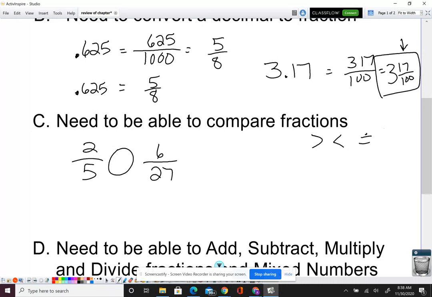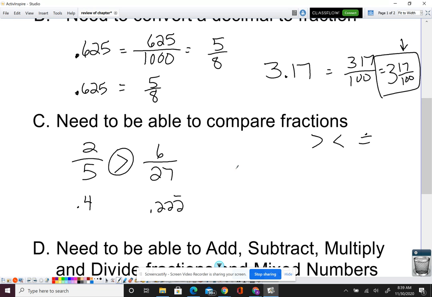You can either convert them both to the same denominator, or you can convert them to a decimal. This one is 0.4. This one is 0.222 repeating. So this would be greater than.